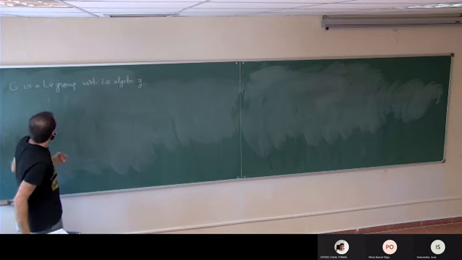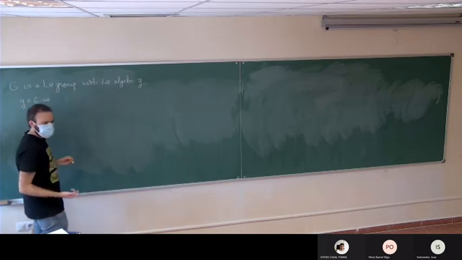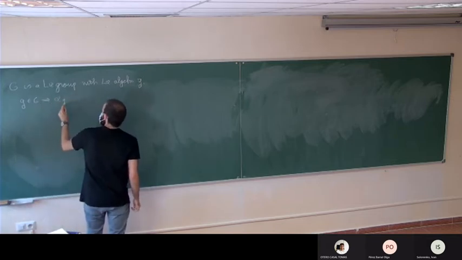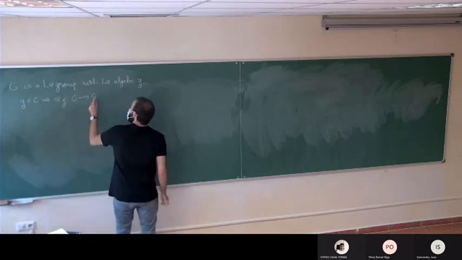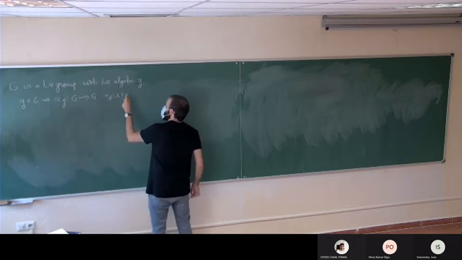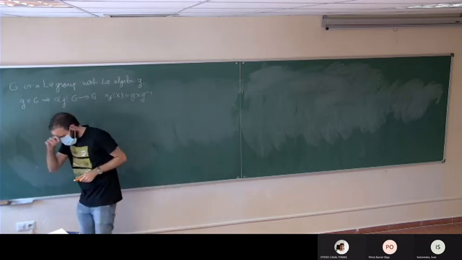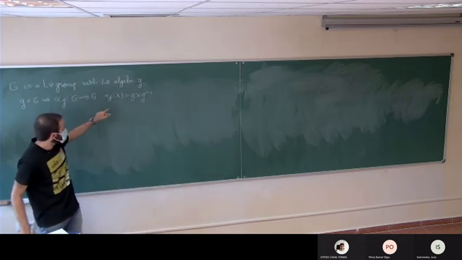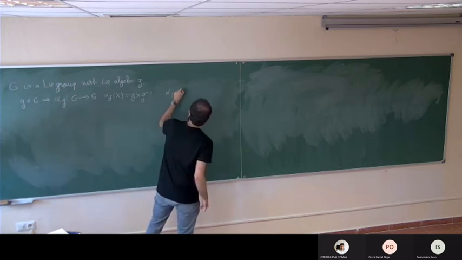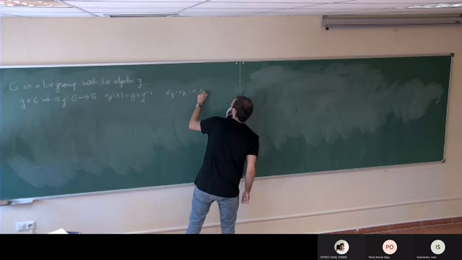So given an element g of the group, one can associate an automorphism of G, which we call alpha sub g, by letting x go to gxg inverse. So it's very easy to check that this is a homomorphism, and that alpha g alpha h equals alpha gh.